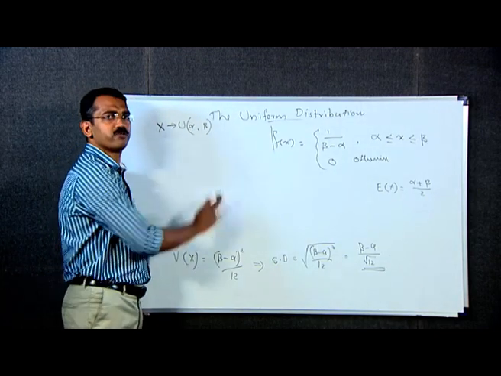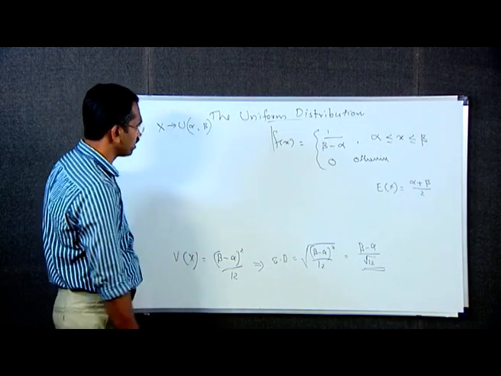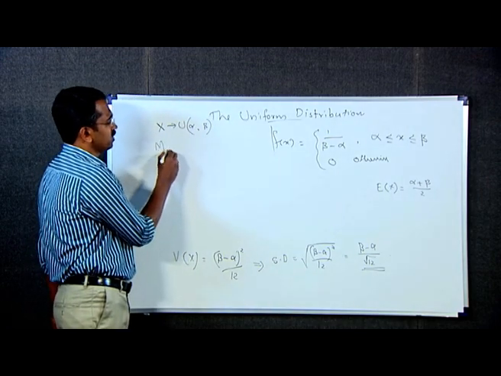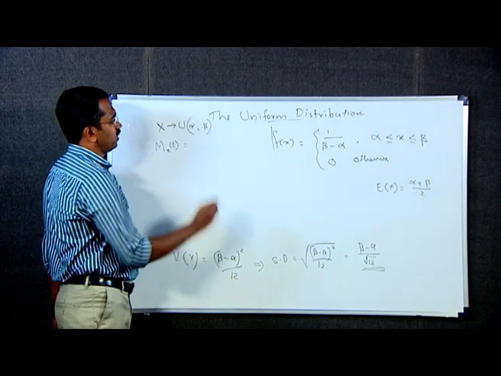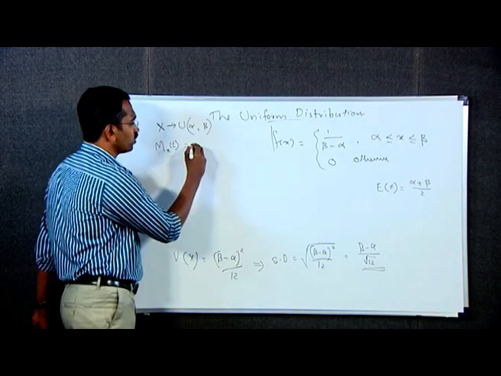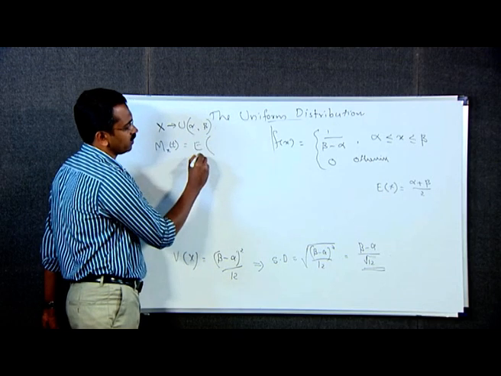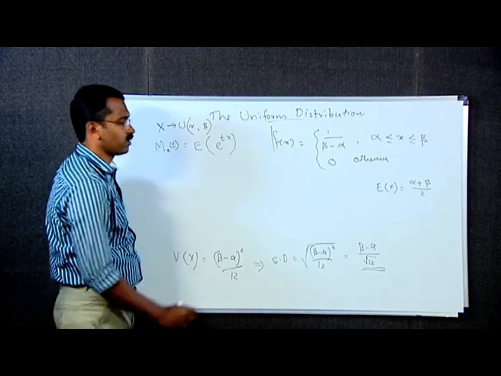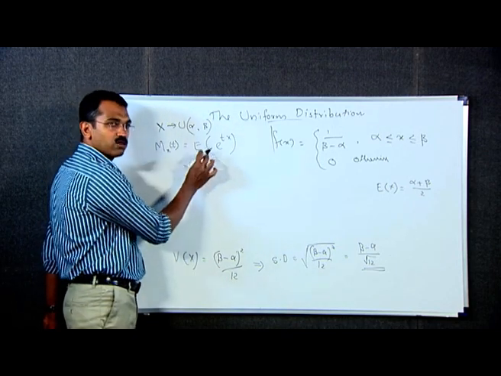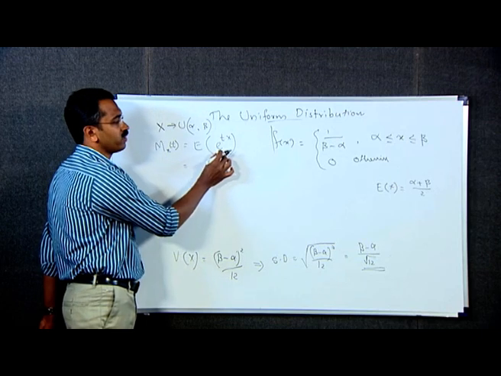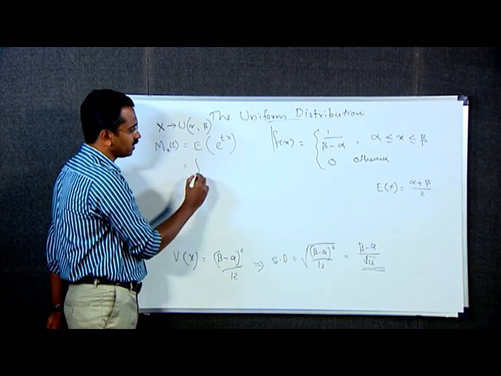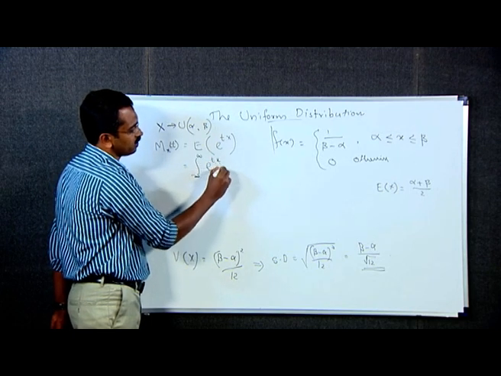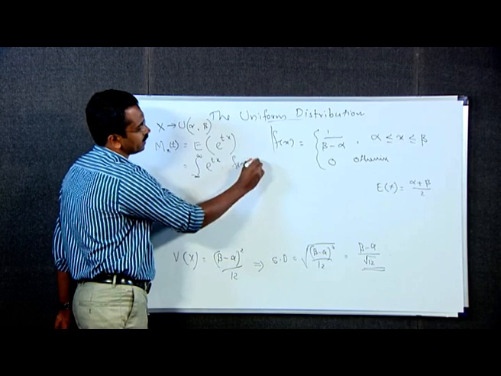Now we have to find out the moment generating function. By the definition, moment generating function M_x(t) is equal to, in terms of expectation, expectation of e raised to tx, which is equal to, by the definition of expectation, E of e raised to tx is integral from minus infinity to infinity e raised to tx into f of x dx.